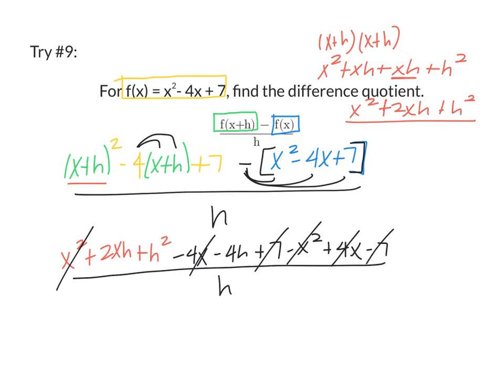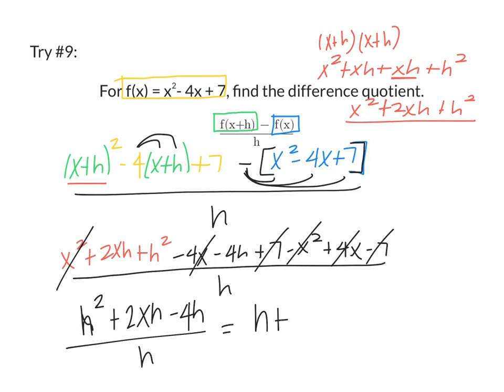What we are left with then, and I'm going to put it in order for us, meaning highest power to lowest power, I see h squared plus 2xh minus 4h, divided by h left over. If I then divide everything by h, I am left with h plus 2x minus 4.